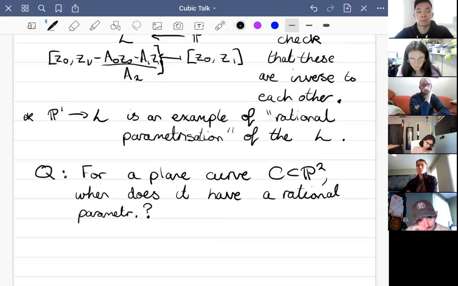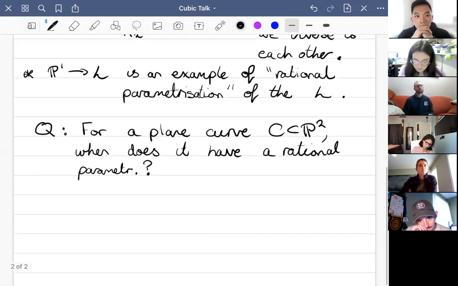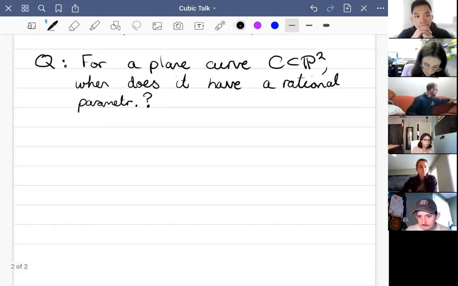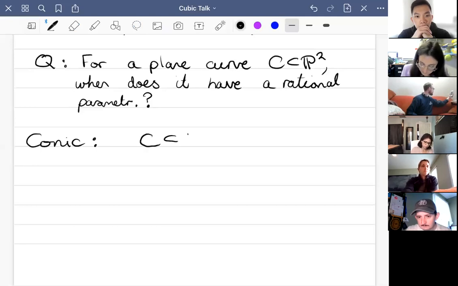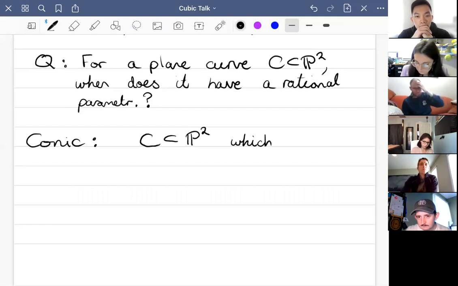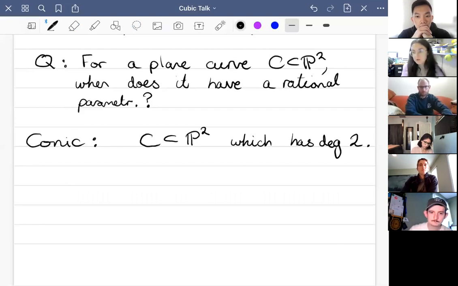Okay, so the next example is a conic. What is a conic? A conic is just going to be a curve inside of P2 which has degree 2. So if we look at the equation of C, the monomials are all just degree 2.